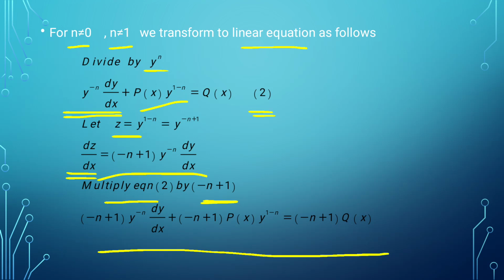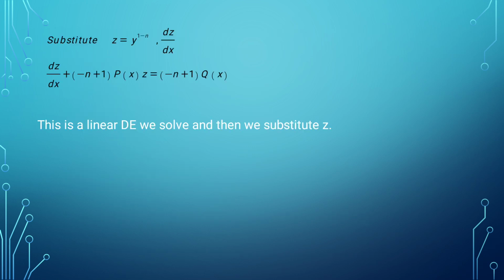So the dz/dx tells us the integrating factor we are going to multiply our differential equation by. So that's very key to note. If you substitute back, you will be able to see that this is true.